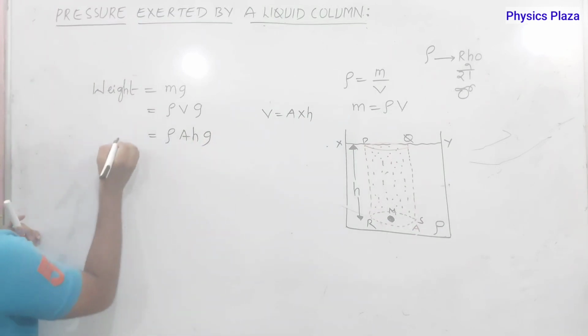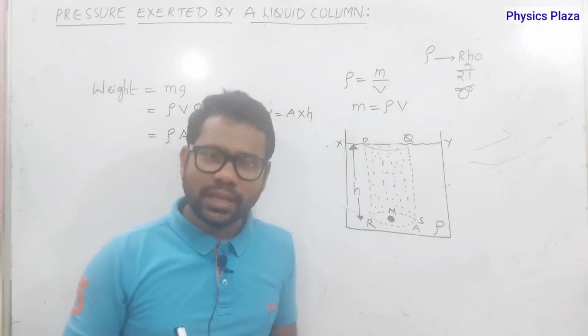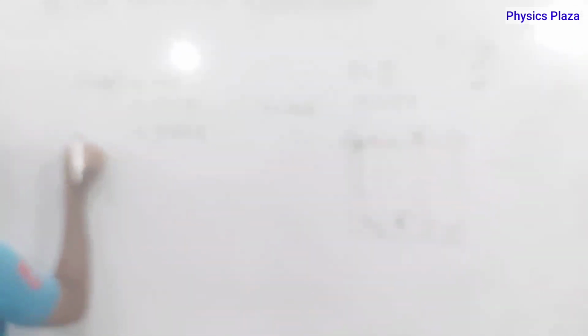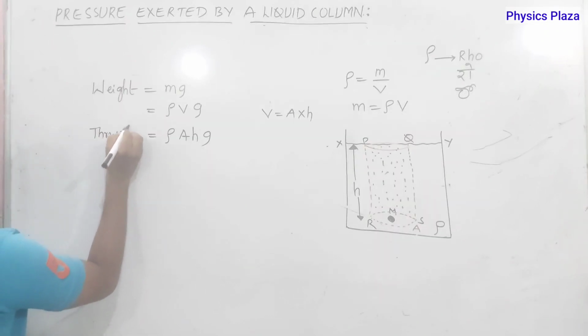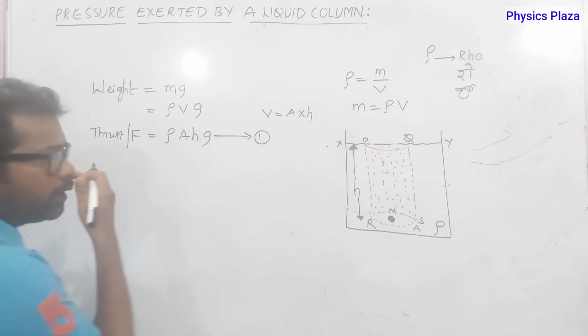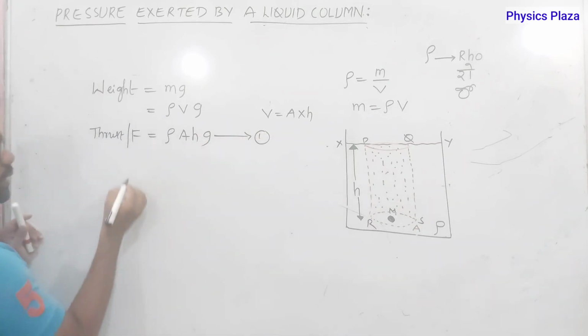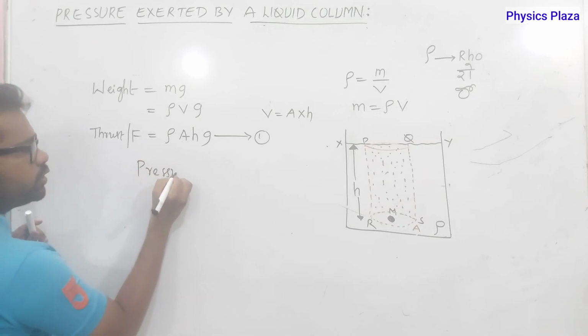So, that we are writing here, g. Is that clear? Fine. So, children, don't you think that the weight is nothing but the force? Yes. So, this you can write as a thrust or force, anything is okay. No problem at all. Let us say it's equation 1. Now children, our intention is that finally we need to calculate pressure.